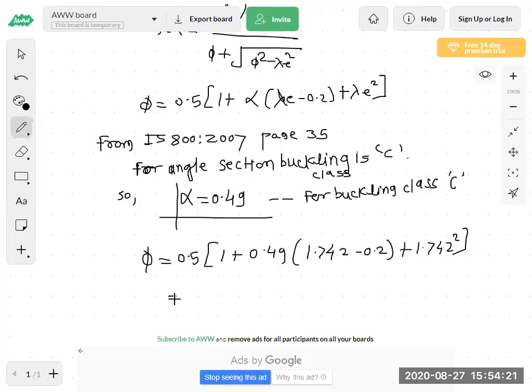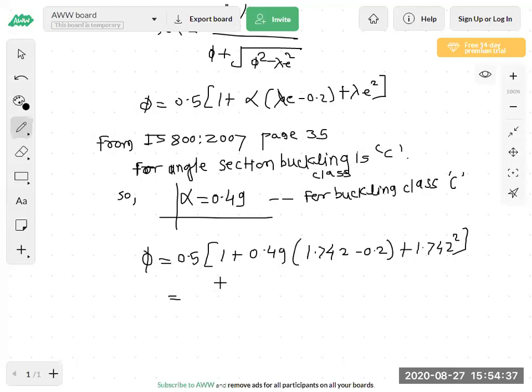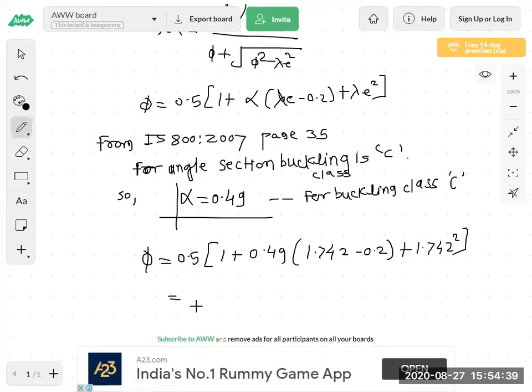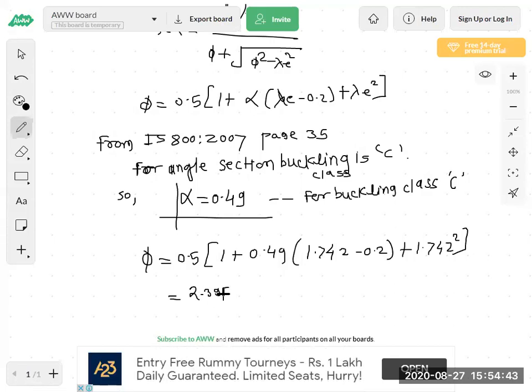So calculate phi. Phi is equal to 2.395. 2.395 is the value of phi.